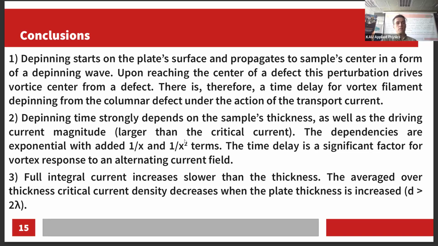I'm wondering about the origin of these empirical dependencies. So are they just empirical, or do they have some models or mechanism under them?